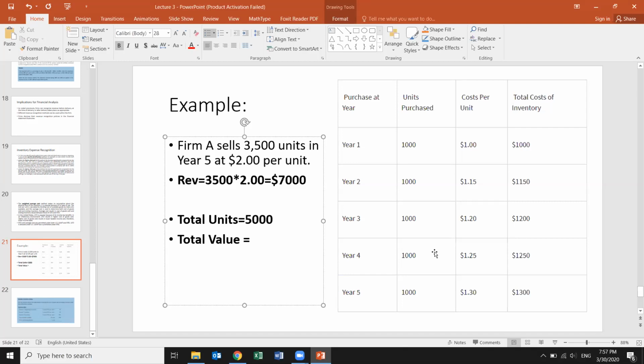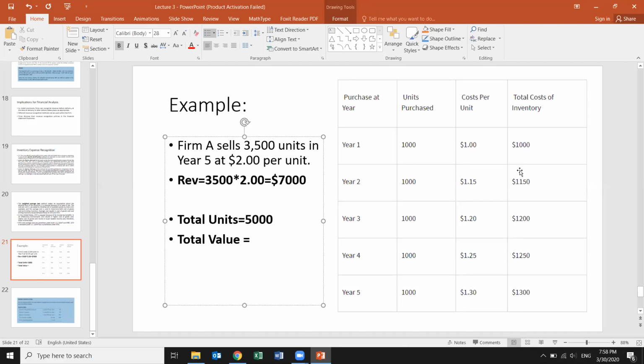So we are just summing up these values. 1,000 plus 1,150 plus 1,200 plus 1,250 plus 1,300.